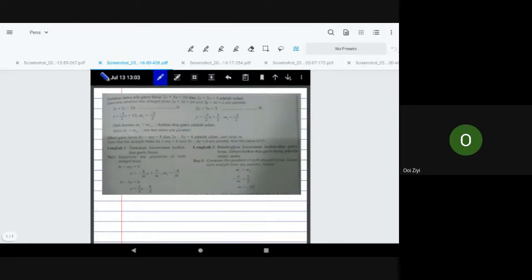In example 1, we want to determine whether the straight lines 2y plus 3x equals 24 and 2y plus 3x equals 3 are parallel or not. How do we check whether they are parallel or not? We must check their gradient. To check the gradient, we must change it into y equals mx plus c.